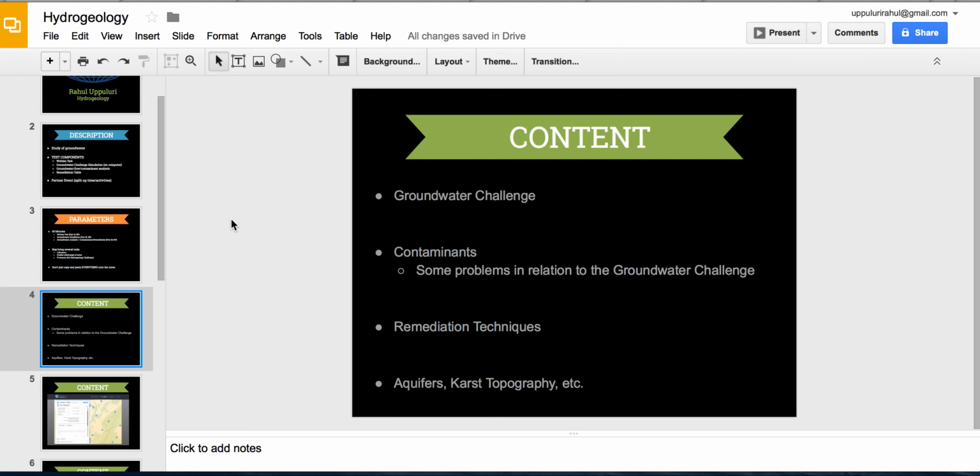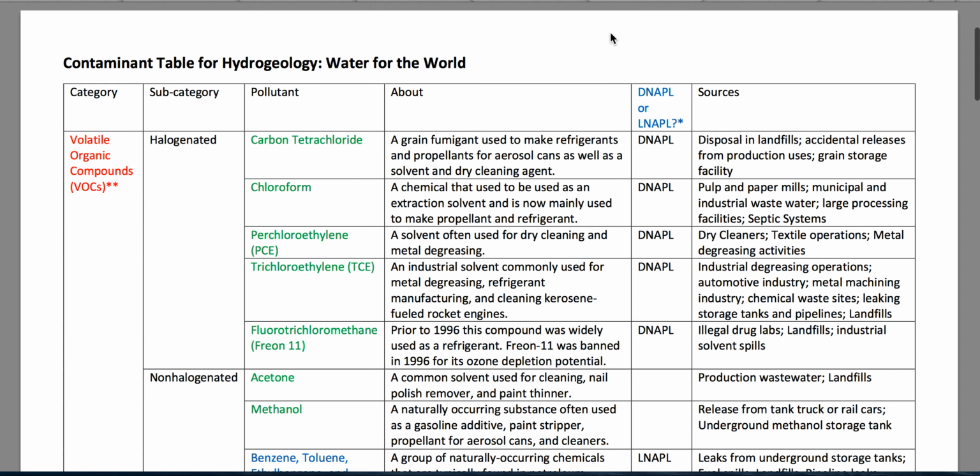There are also a couple of contaminants that you're going to want to know for the test. There's a contaminant table, which I believe is located in the resource folder. If not, I'll definitely put it in there. Basically, this lists a huge amount of contaminants of groundwater that you're going to want to know about.